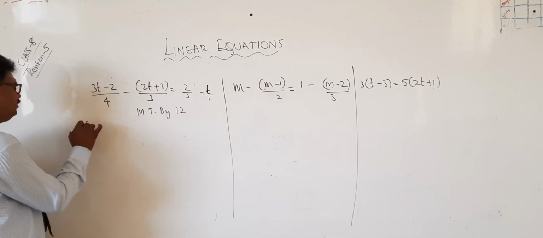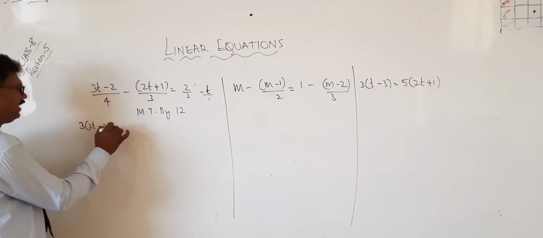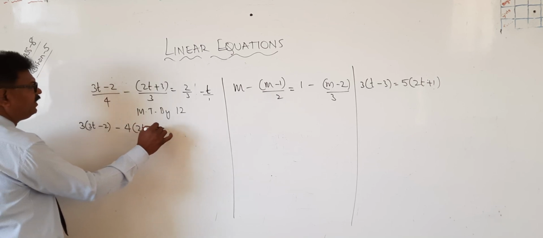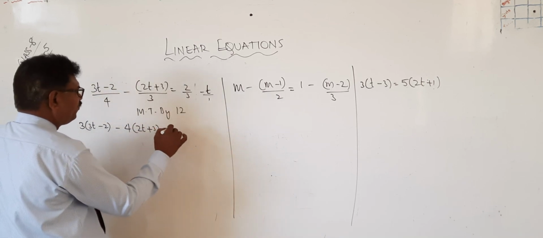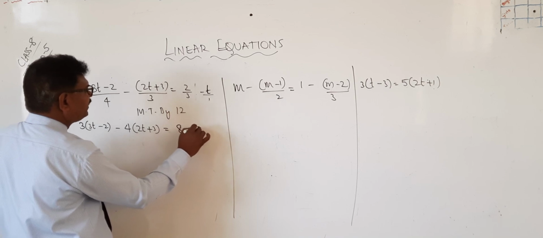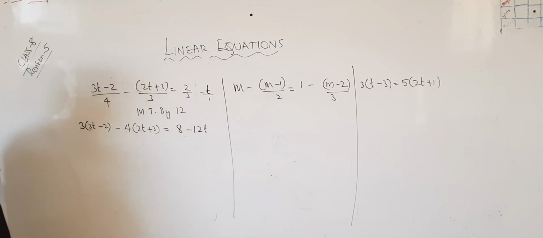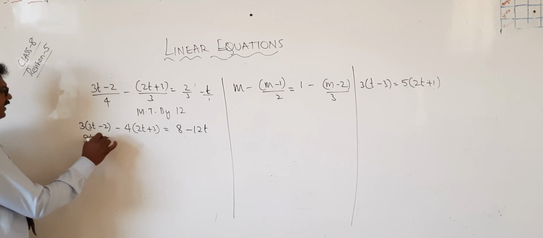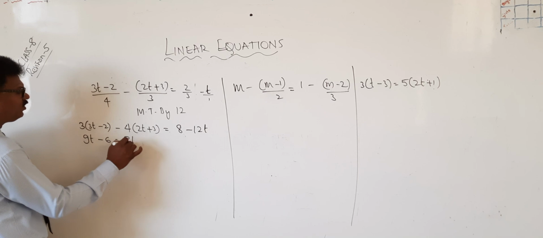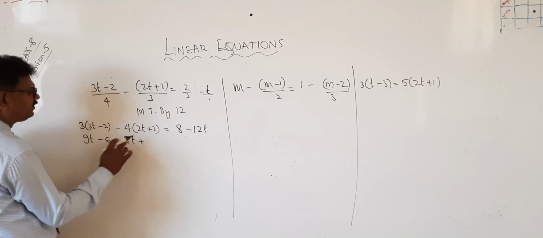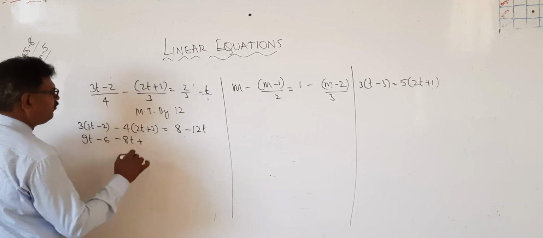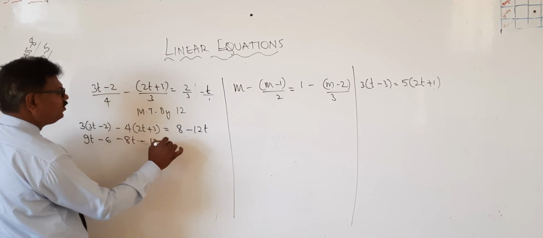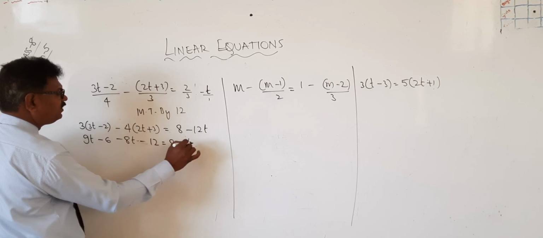Therefore, 3 into 3t minus 2 minus 4 into 2t plus 3 is equal to 4 2s are 8 minus 12t. Okay? Now 3 3s are 9t minus 6 is equal to 8t plus, minus again, minus 4 3s are 12, equal to 8 minus 12t.